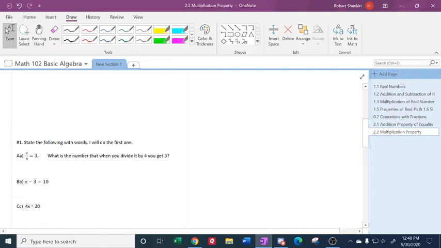And hit enter. And just kind of examine what other people got.